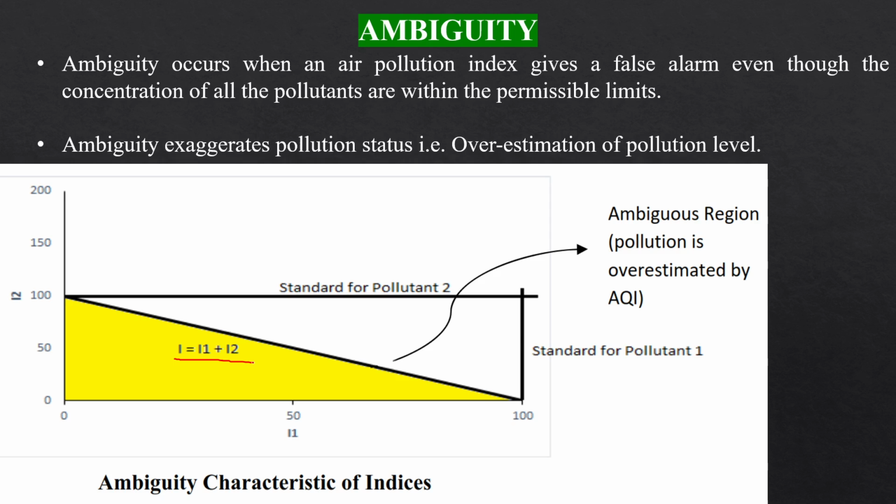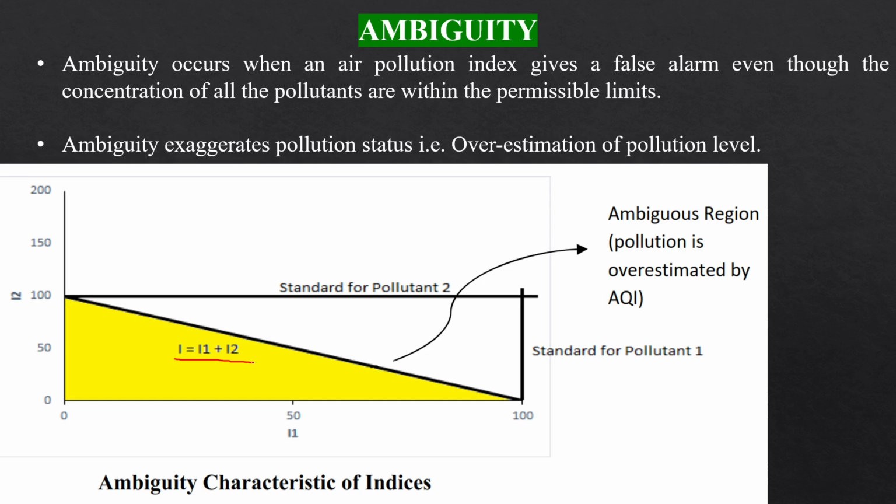If I1 and I2 are each less than 100, the concentration of each pollutant is within the permissible limit.